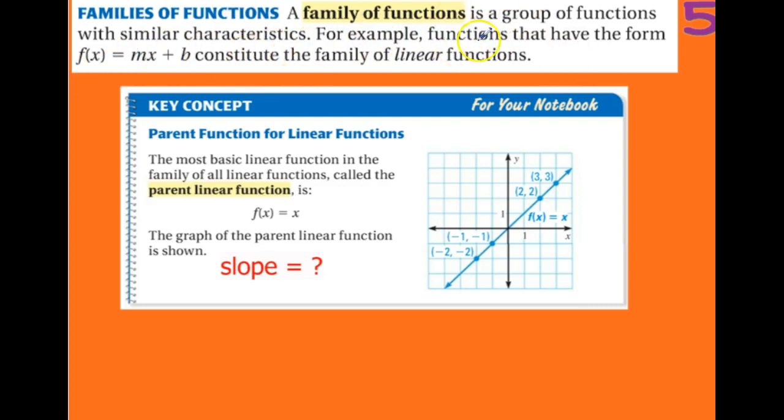For example, functions that have the form f of x equals mx plus b, or y equals mx plus b, constitute the family of linear functions. So all the lines. The most basic linear function in all the families of linear functions is called the parent linear function, which is really just y equals x. This is in the form y equals mx plus b.